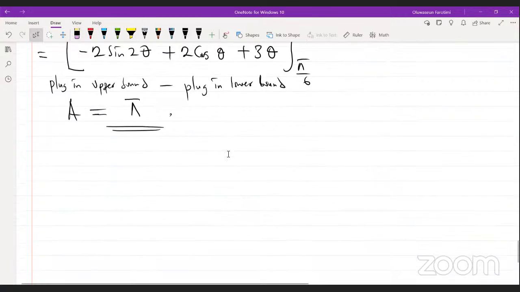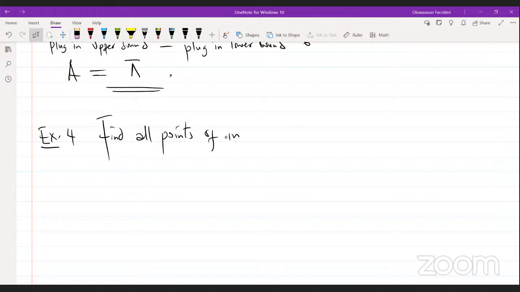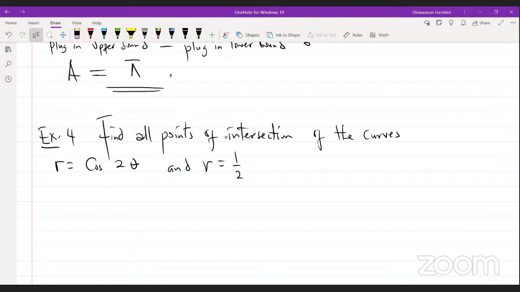Okay, so one more example. Example 4. Now this says find all points of intersection of the curves. Remember, these are 4-leaved roses, okay? And r equals 1/2.